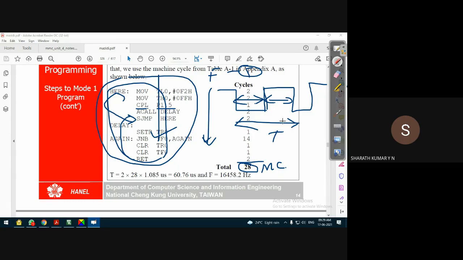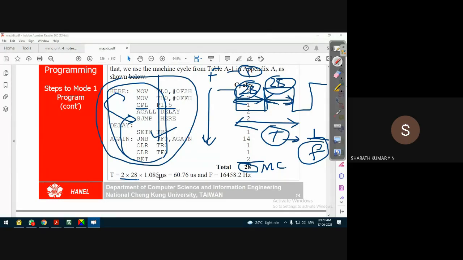Twice execution of the program gives one complete time period, from which we can find the frequency. For one half cycle it takes around 28 machine cycles, and for another half cycle the program takes another 28 machine cycles.